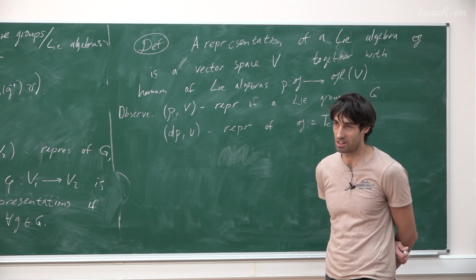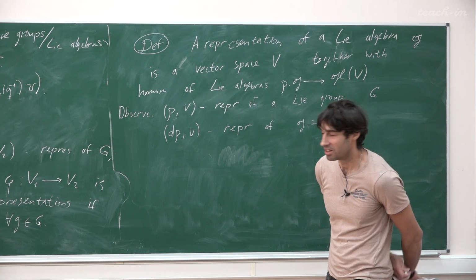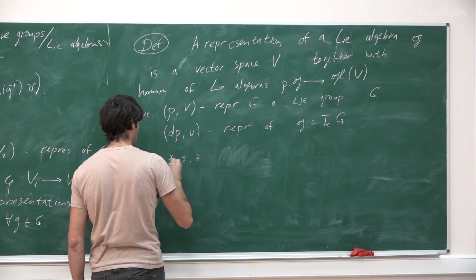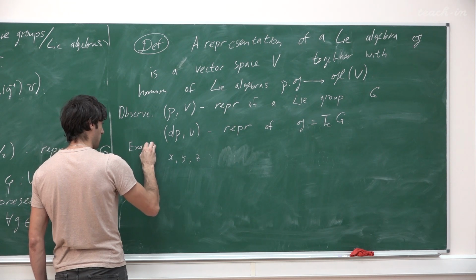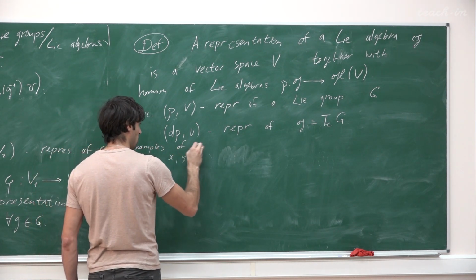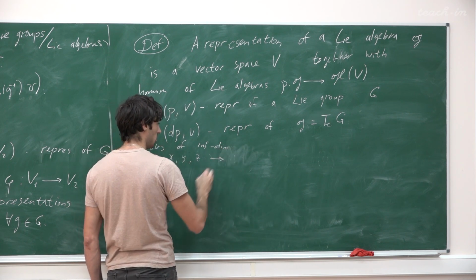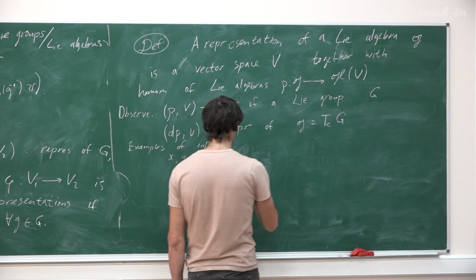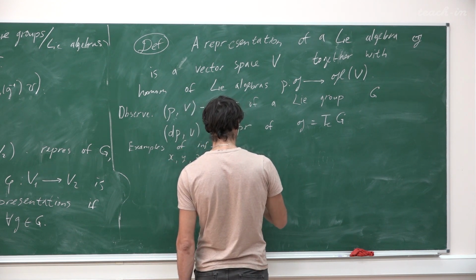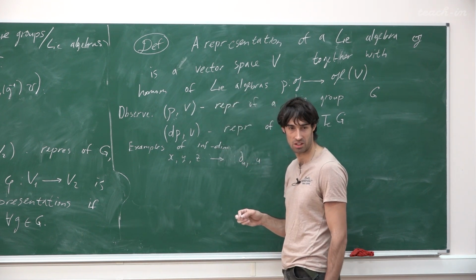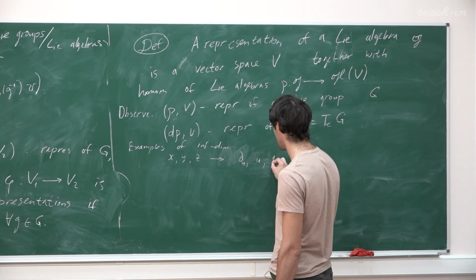Okay, the Heisenberg algebra. You have x, y, z there, right? So maybe examples of infinite dimensional: they go to d, then du, u, maybe with some coefficients here, and maybe 1.